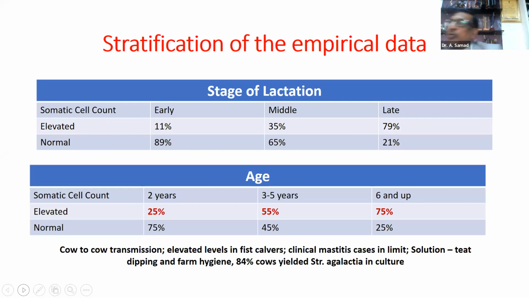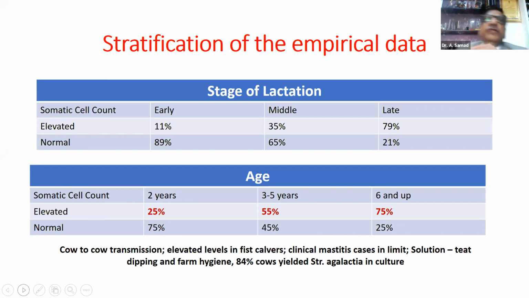Now here I give you a simple example of empirical data. The example I am giving is from Wayne Martin's book only. So, somatic cell count. Now it was found that the normal somatic cell count in milk has to be 200,000.